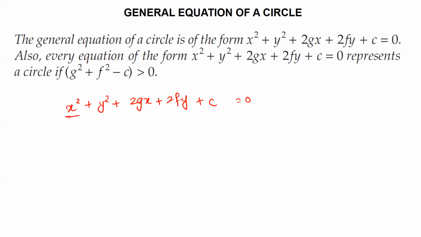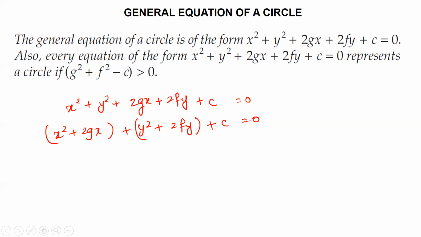I take the x terms together and the y terms together. So x squared plus 2gx together, and then plus y squared plus 2fy together, and then plus c is equal to 0.